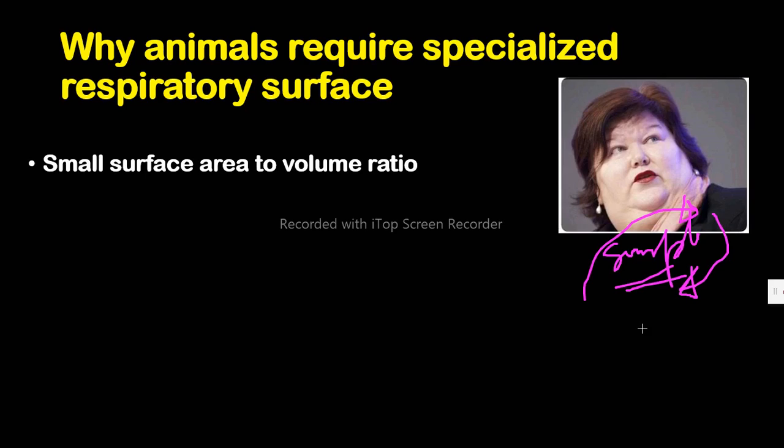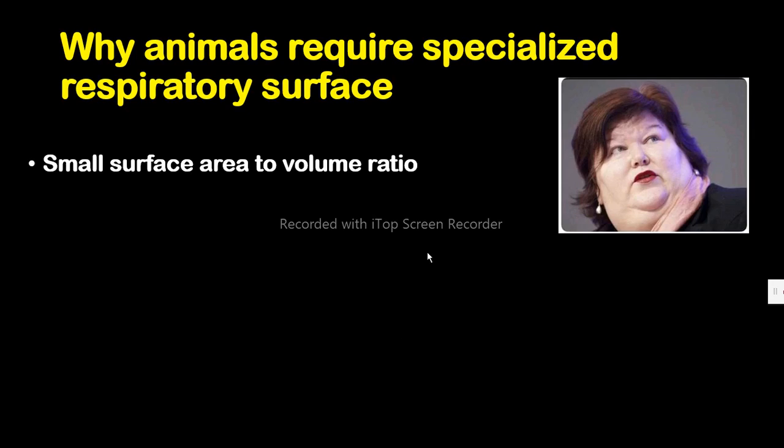So animals, actually all animals, are multicellular, and so they require a specialized gas exchange apparatus to supply enough gases to meet the high energy demands.